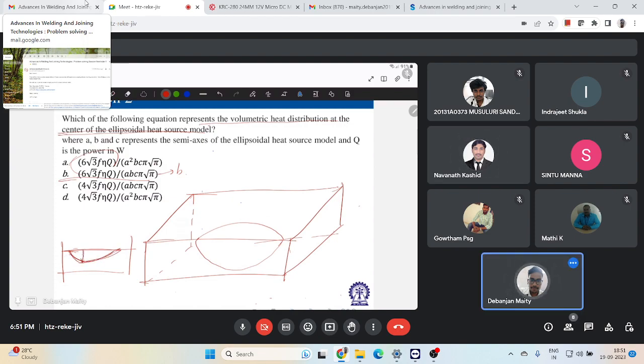This is my pool depth. Now let us assume that this is the center of the heat source. So this is my center of the heat source.